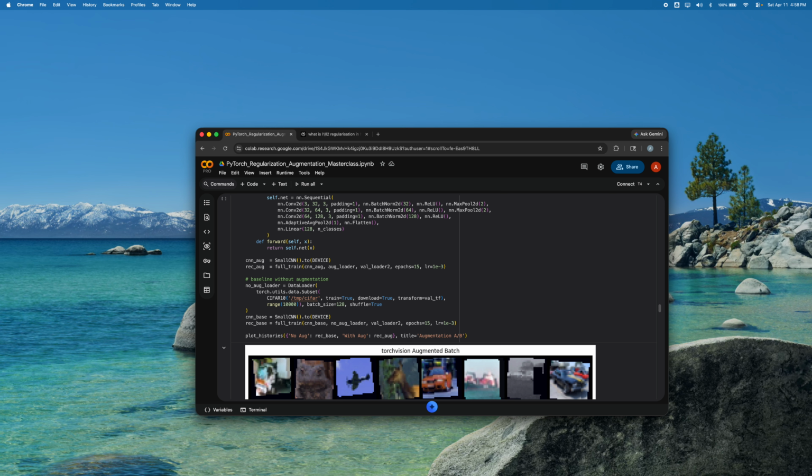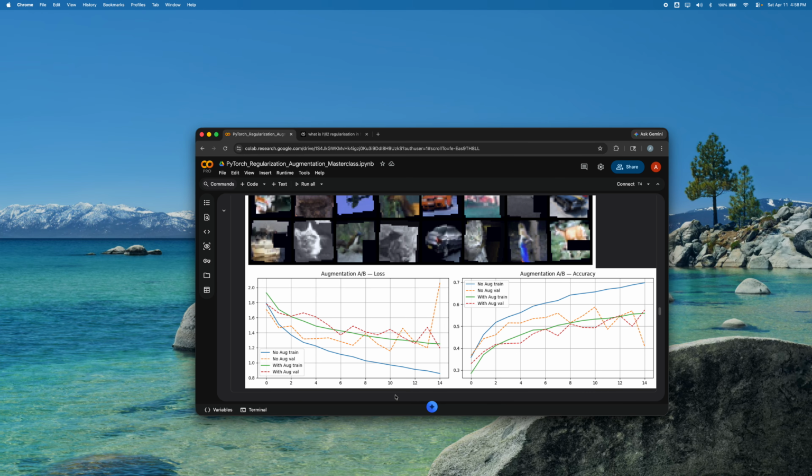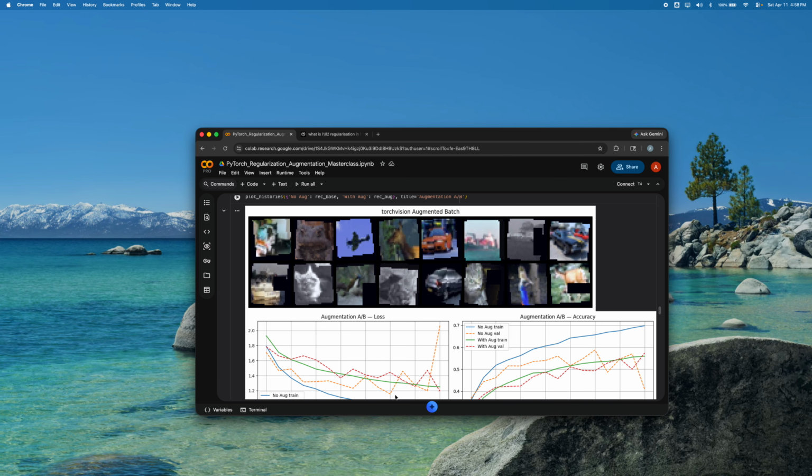Then we have CutMix, which blends two images by cutting a patch from one and pasting it on another, mixing labels appropriately. Then we have MixUp, which blends two images and their labels by weighted average.